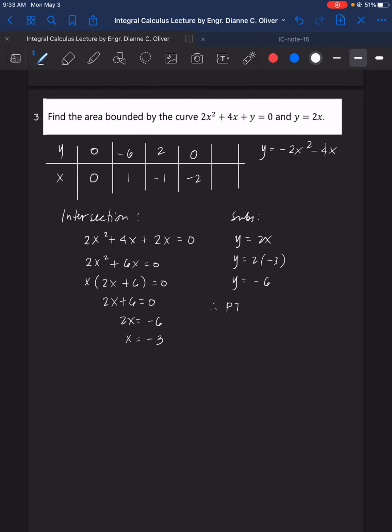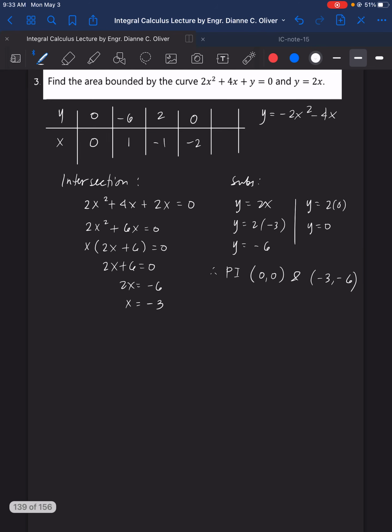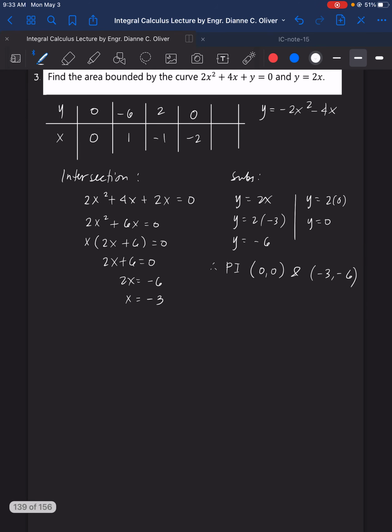Therefore, a point of intersection is at 0, 0, because here we have x is equal to 0, and negative 3, negative 6. So those are the points of intersection. So let's put here negative 3, negative 6.